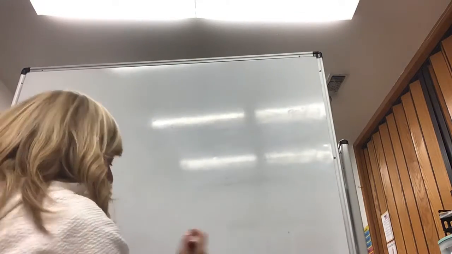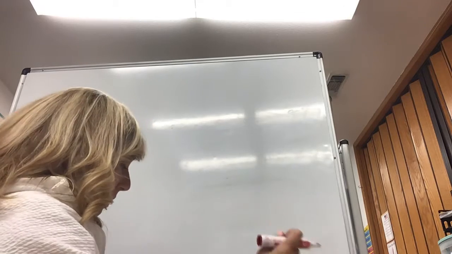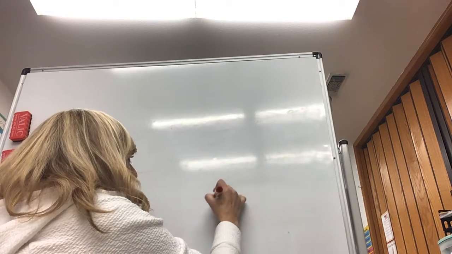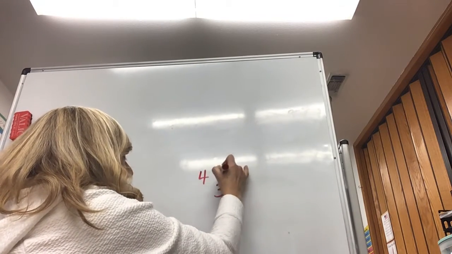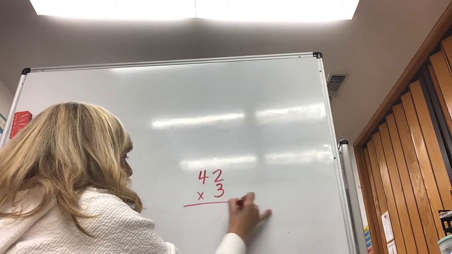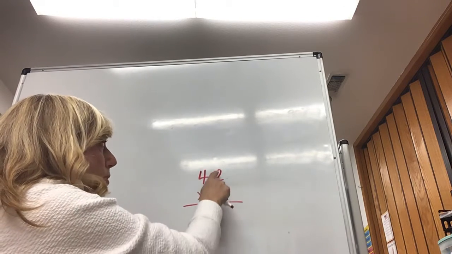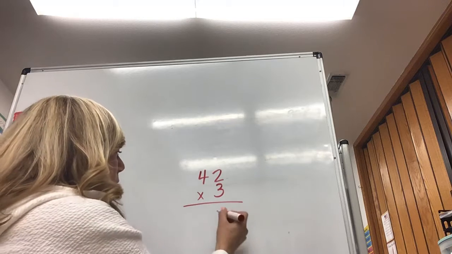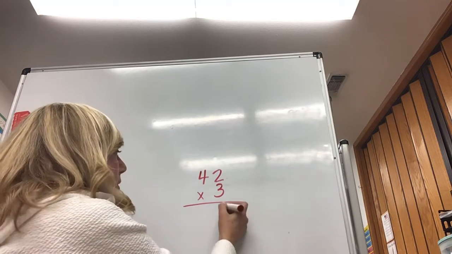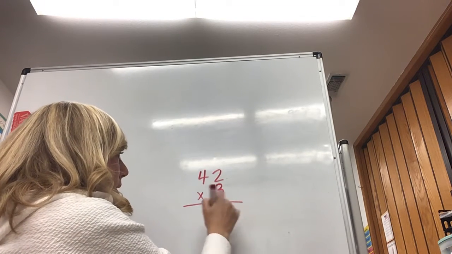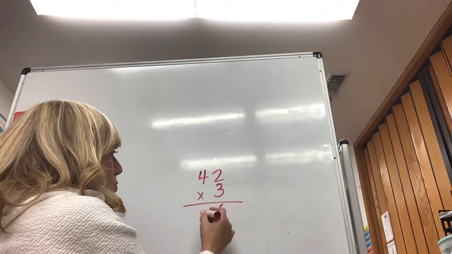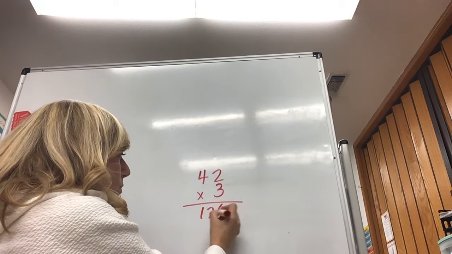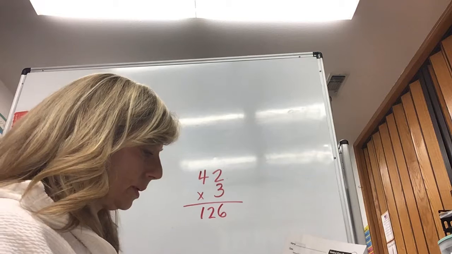But on here, if I take 3 and I multiply it by a double digit, I'm always going to take 3 and multiply it by 2 first. What is 3 times 2, Gabe? 6. And then 3 times 4 is 12. So I know you know how to do that, but I just wanted to remind you.